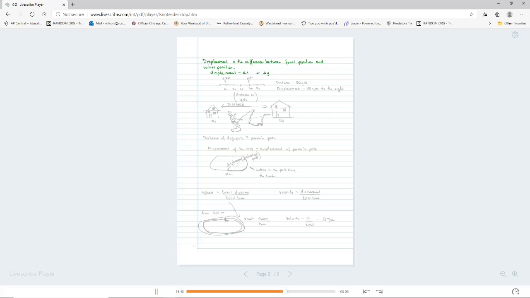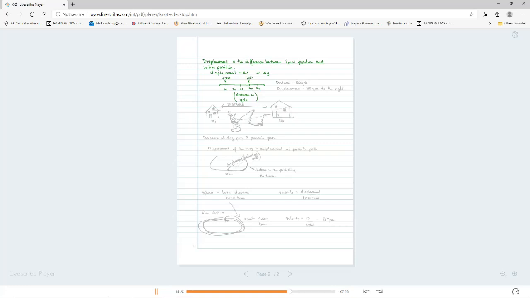So for example, we'll give you some pictures. Let's say that we have marked out a football field. We're going to start on one goal line, and here's 10 yards, 20 yards, 30 yards, 40 yards, 50 yards. And let's say that a person starts here and ends here. So we start at 10 and we end at 40.